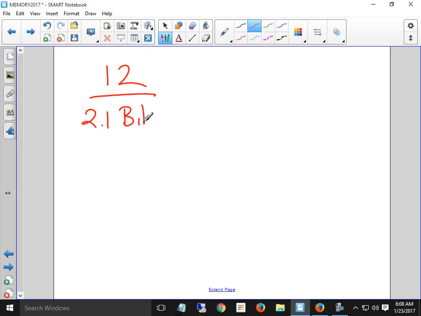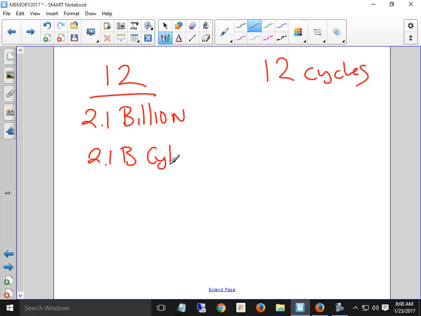This is how long it would take, right? If it takes 12 cycles and it does 2.1 billion cycles per second, if I do that division, I end up with how many seconds it takes to write. Right? So now I don't think I'm doing this one in my head. So how long does it actually take to write to that RAM? I'm going to guesstimate 500s.